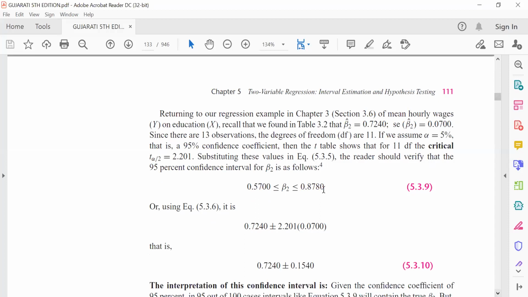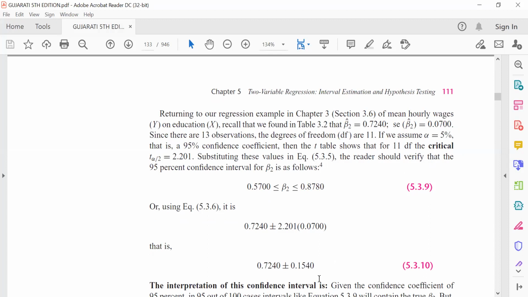So I want to explain these coefficients. We get beta here 0.724 and we have a standard error of 0.07. The critical value for degree of freedom 11 is 2.201.